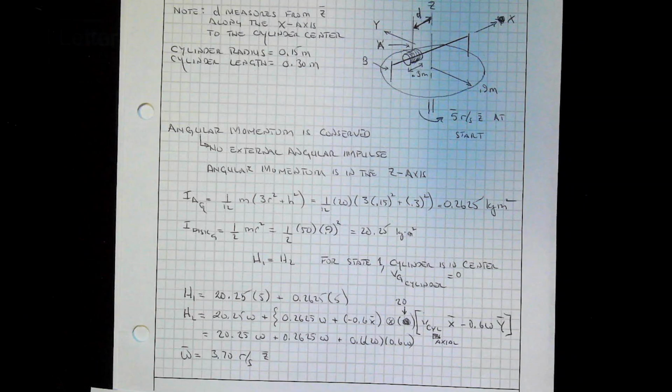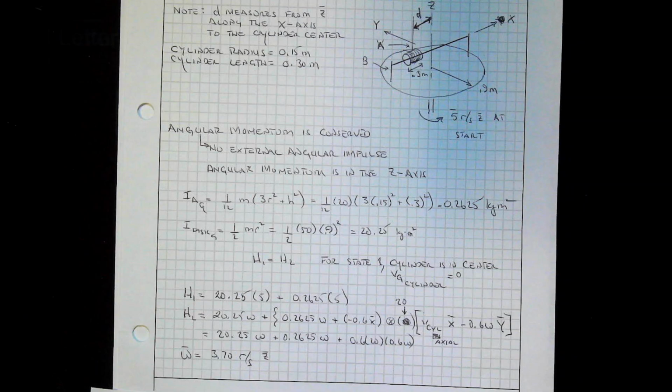We have H1, which would consist of Ig for each of these, the cylinder and the disk, times omega. The disk can only rotate. The cylinder, as it comes off of the center, will be both translating and rotating. That's just our initial state.